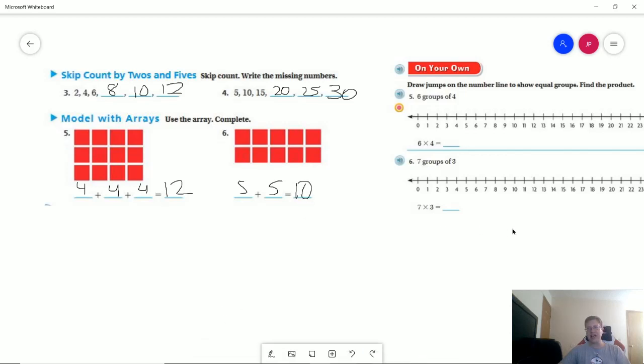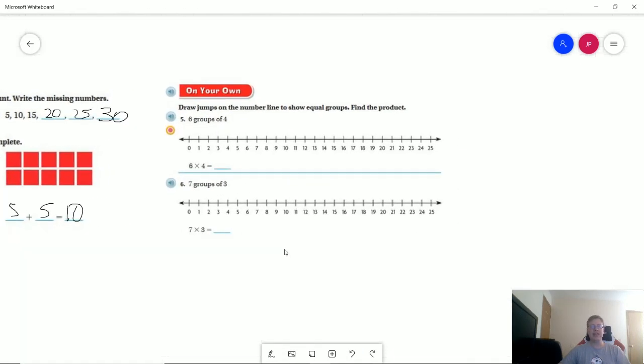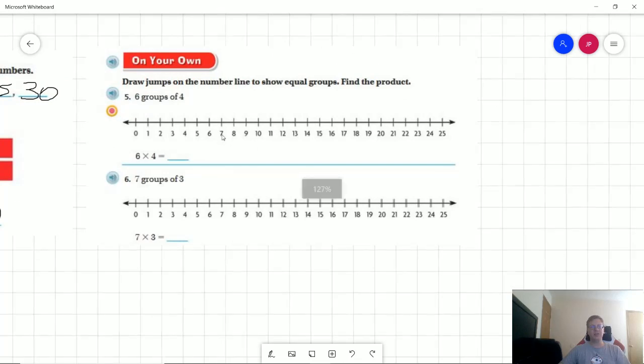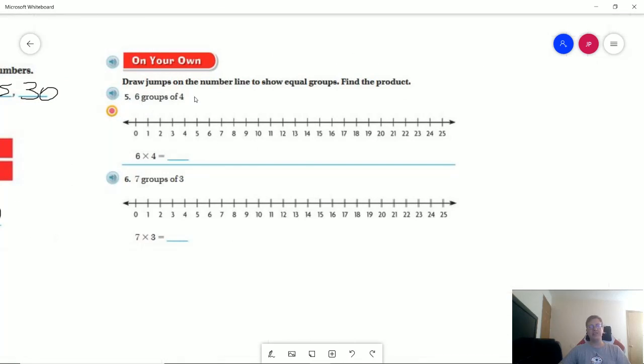Which takes us to the last thing I'm going to go over for today, which is using a number line. So one of the things I notice people maybe make a mistake on with this is drawing the correct number of groups. So when we're using a number line, we would start with 0. And if we're making groups of 4, we're going to go from 0 to 4. Then we're going to count up another 4 and then put our next spot.